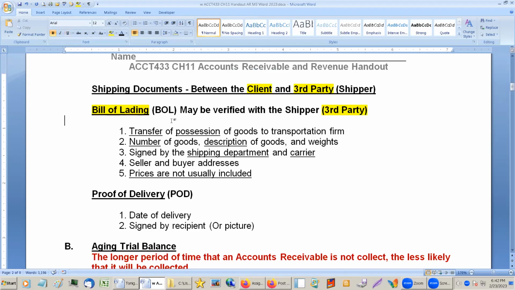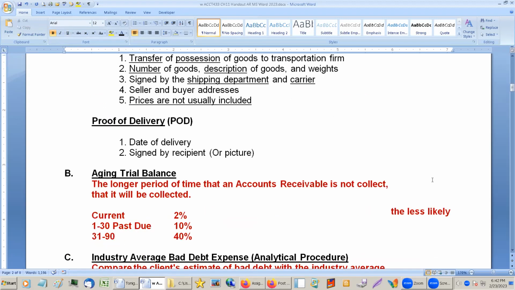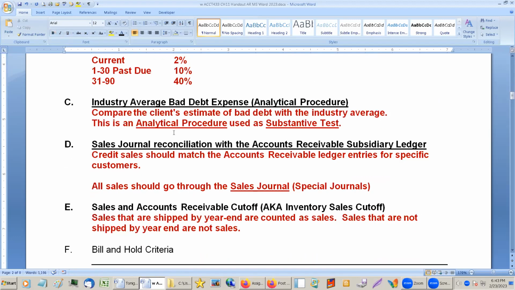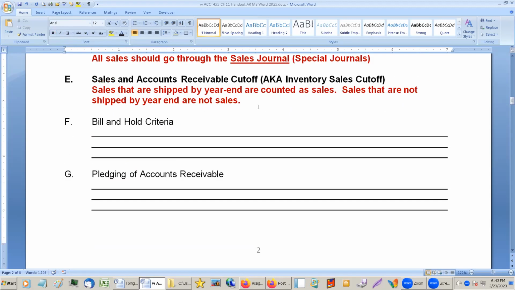You're going to go look and see what the last bill of lading was. Actually, there's a problem we do later on with it. But you're going to see what the bill of lading says. This is what's going to determine whether it's a sale or not. So any of these that are marked December 31st or earlier, it's a sale. If it's marked January 1st or whatever, it's not a sale. So bill of lading is really what we look at for this.